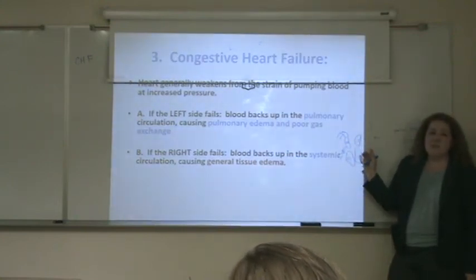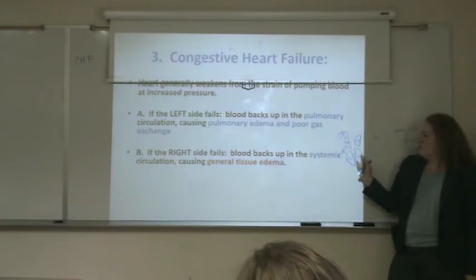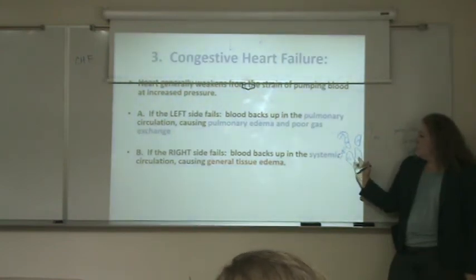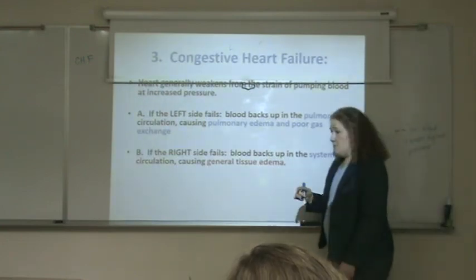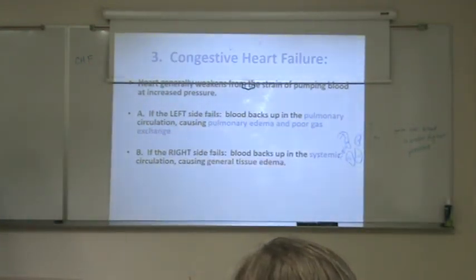There are people that have both. Well, that's just really bad. And if you've known people that have congestive heart failure, there are a lot of them out there. They are not really going to get better. It's kind of a thing that you have to manage the rest of life. You hope it doesn't happen when you're young.